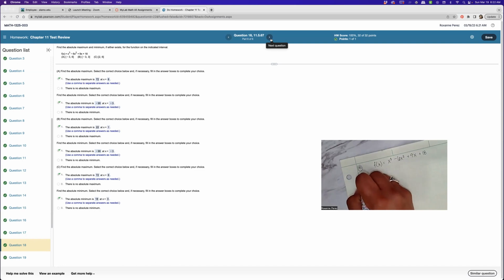Okay, so for part A, we want to evaluate over the domain -3 to 6. So I'm going to graph this, and then I'm going to change my window specifically to this domain.